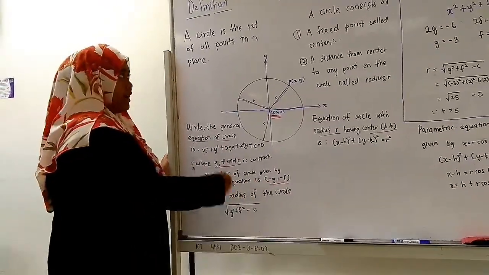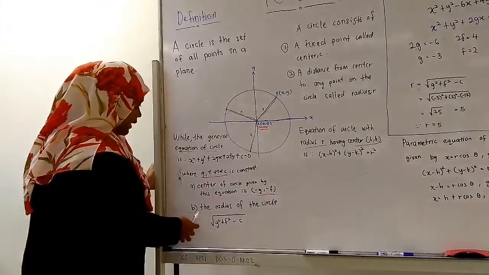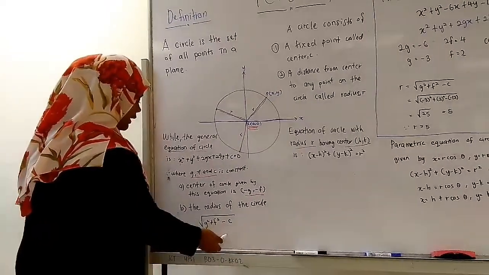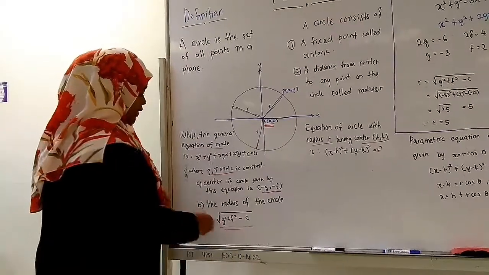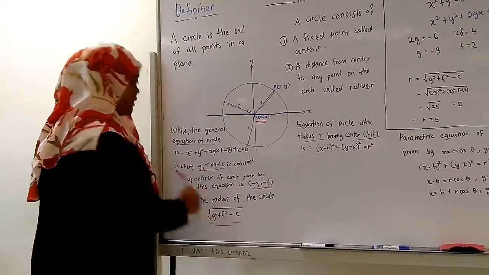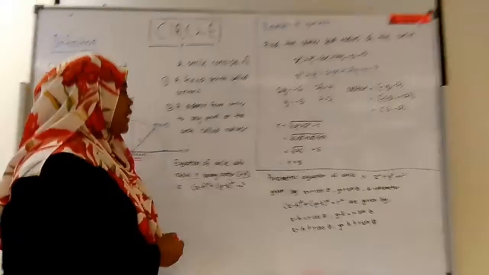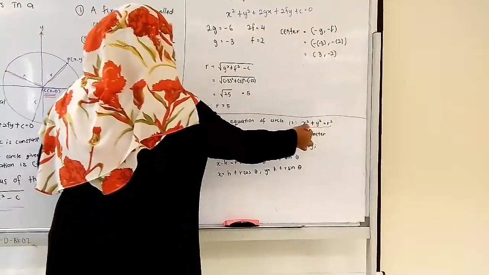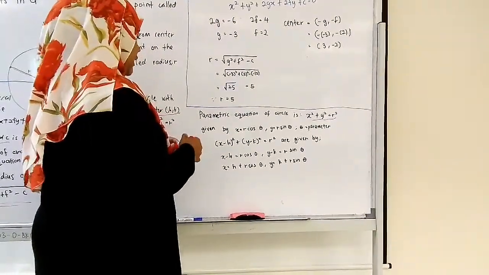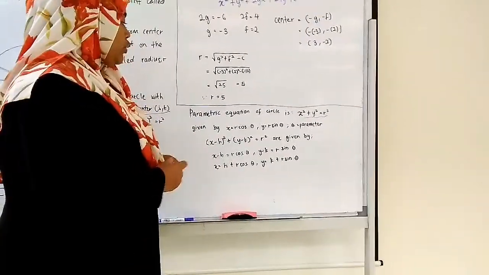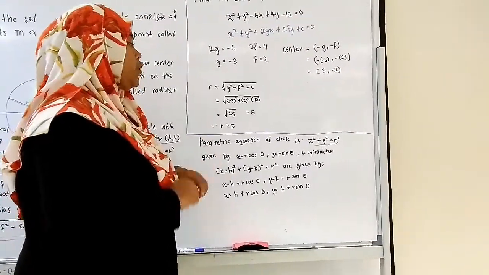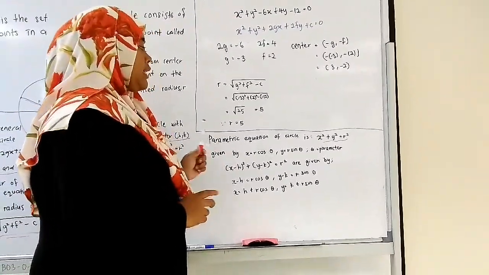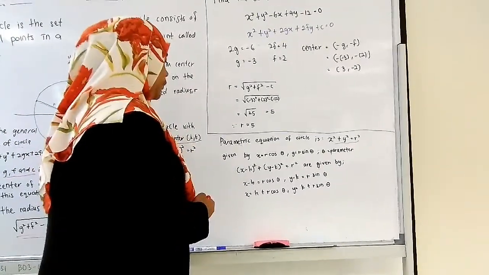We will look at an example later. The radius of the circle is based on this formula: square root of g squared plus f squared minus c. And the parametric equation of the circle x squared plus y squared equals r squared is given by x equals r cos theta and y equals r sin theta, where theta is the parameter.